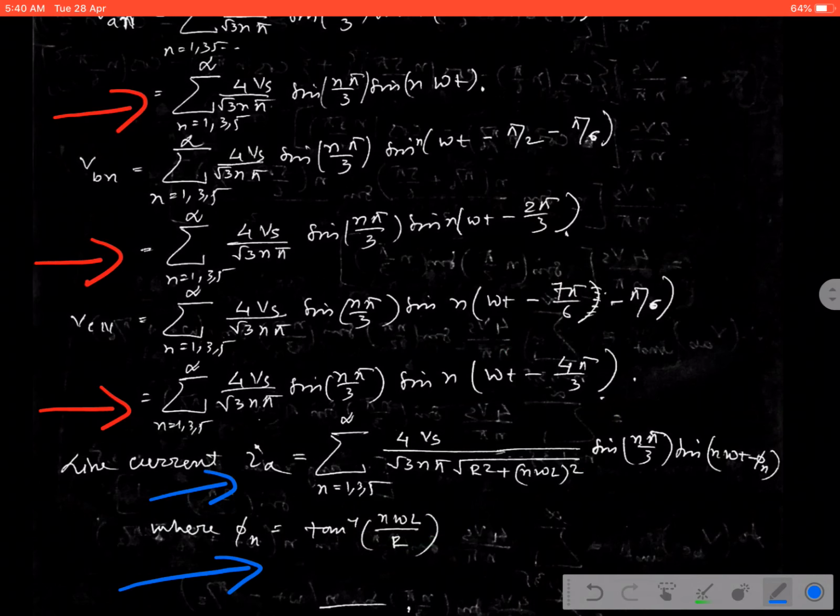The next section will continue with 120 degree conduction. Before going into the next part for 120 degree conduction mode, read this very carefully.